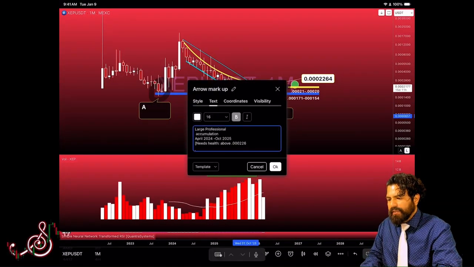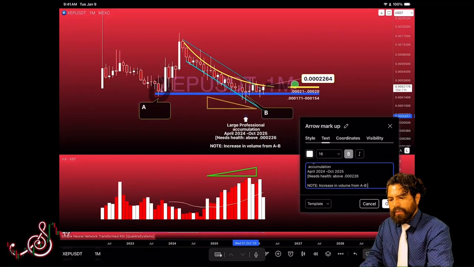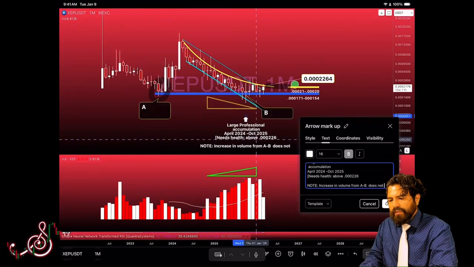And I'm also going to put a note: increase in volume from A to B does not show signs of absorption.